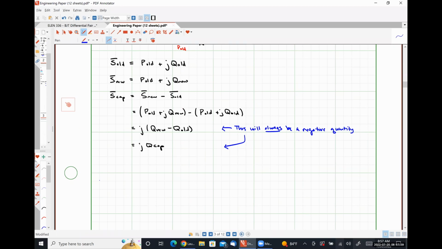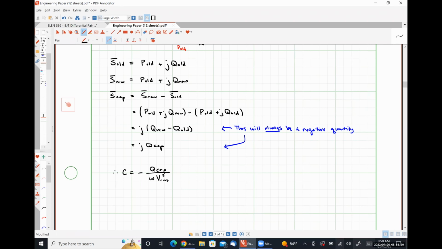So if we equate those two relationships, what we will get is that the capacitor value C used for power factor correction will come out to be negative Q cap, and negative times this negative quantity is going to give us a positive capacitor value, divided by omega, our frequency of system operation, multiplied by V RMS squared, where V RMS represents the magnitude of the voltage drop across the capacitor.